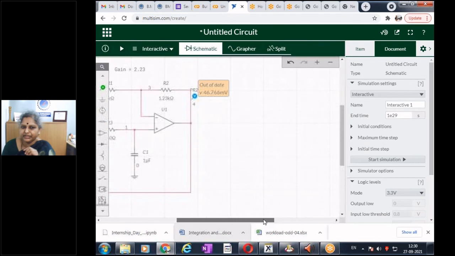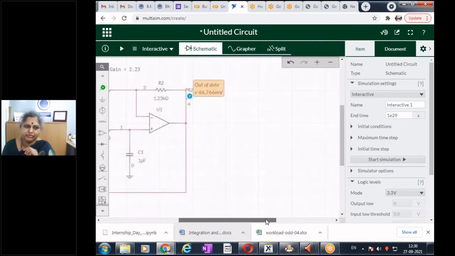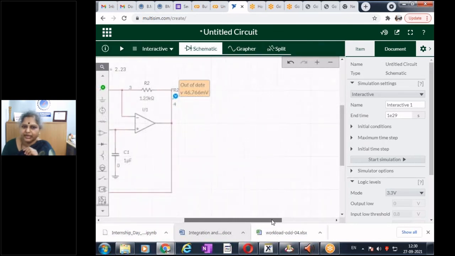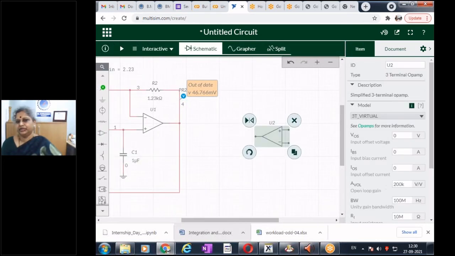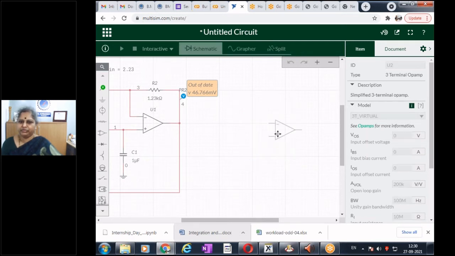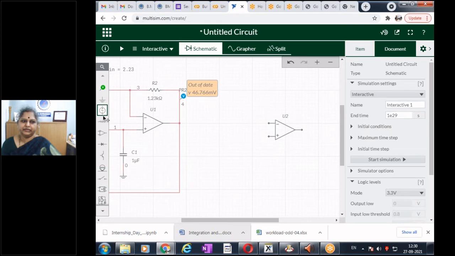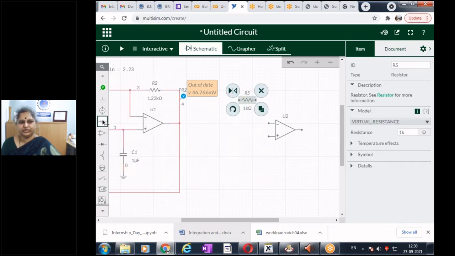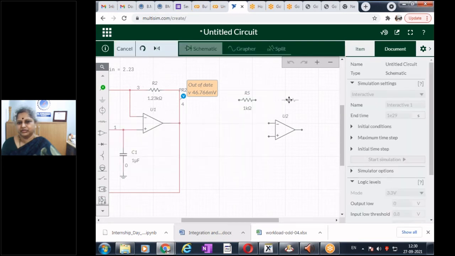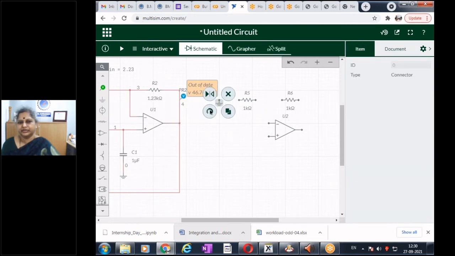Now I have to make it a fourth order system. So let me put one more op amp, and then my DC gain for the second stage was 1K, and then ground, I'll put that.